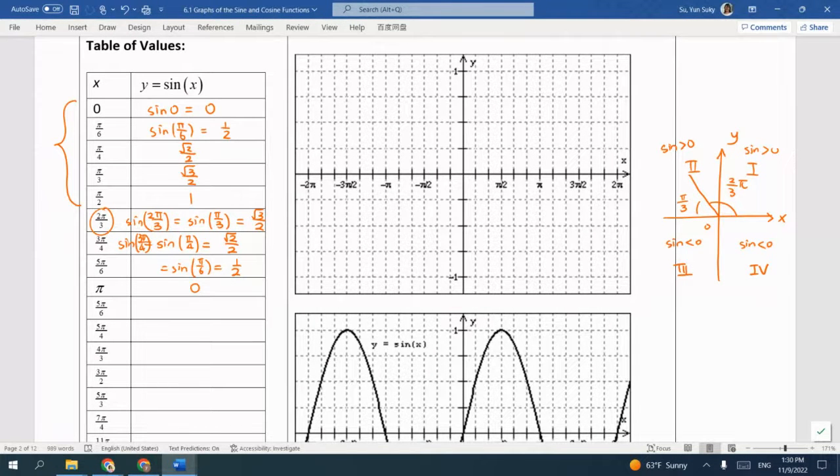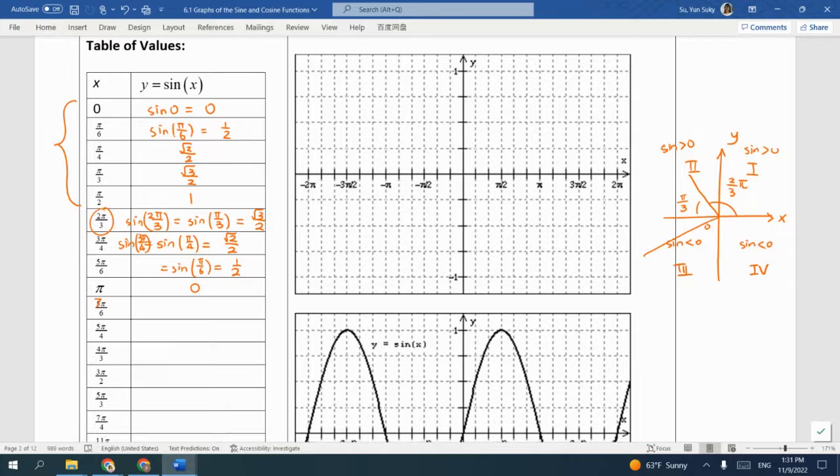How about, see, this should be 7 pi over 6. We already did 5 pi over 6. Okay, 7 pi over 6 is in which quadrant? This one, right? So right here, this is 7 pi over 6. What's the reference angle? Pi over 6.